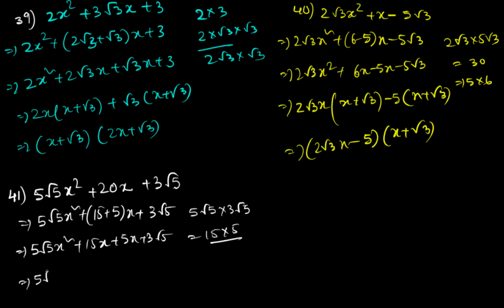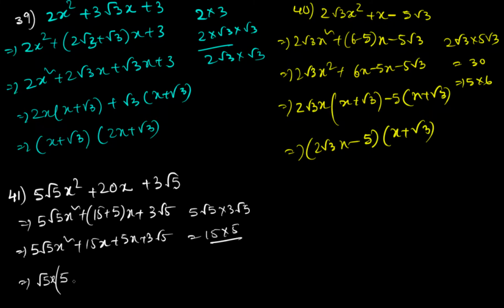So I can take 5 root 5 common, I'll be left with x plus root 5, and from here I can take... Actually, no, we have to take only root 5 common, because we cannot take 5 root 5 common.